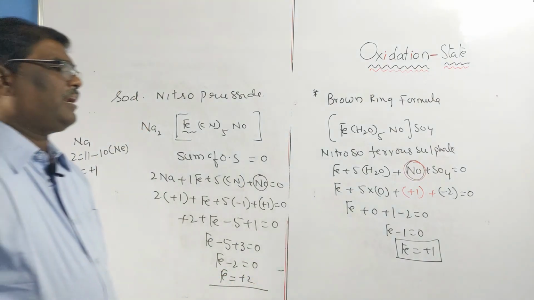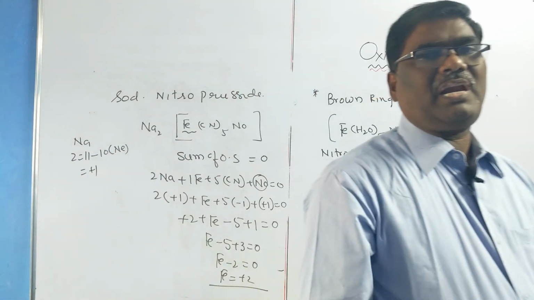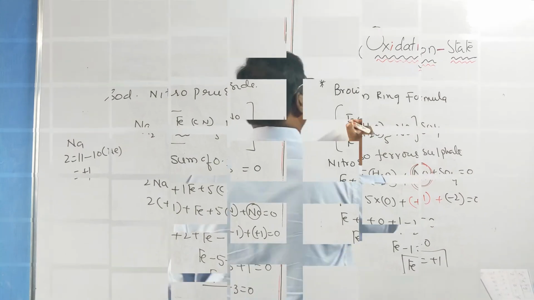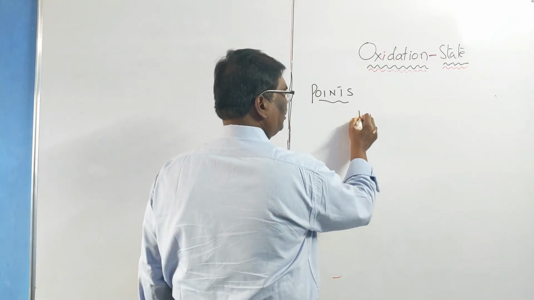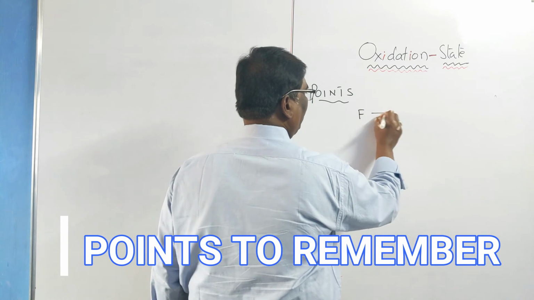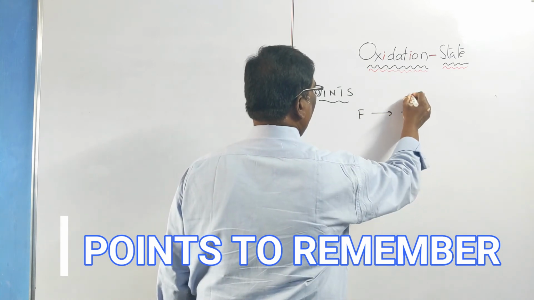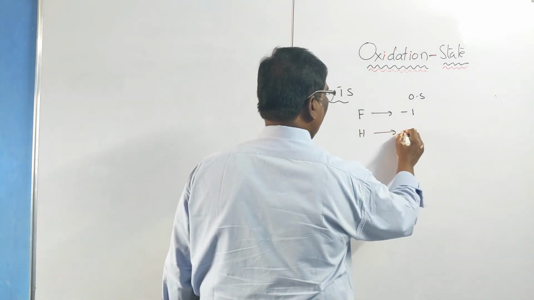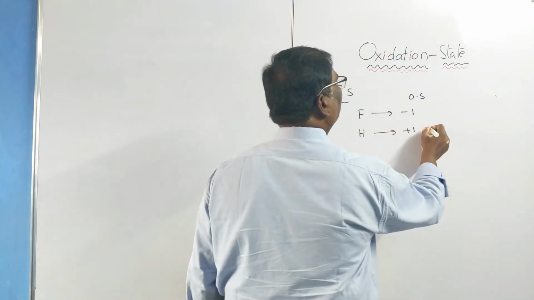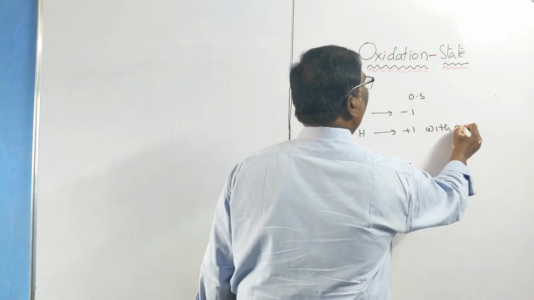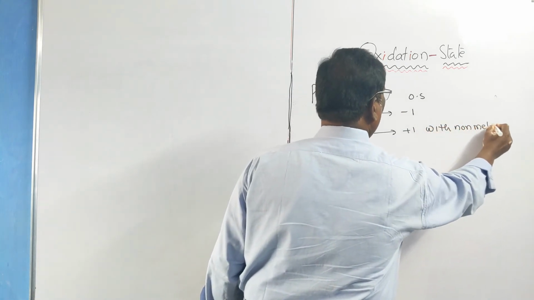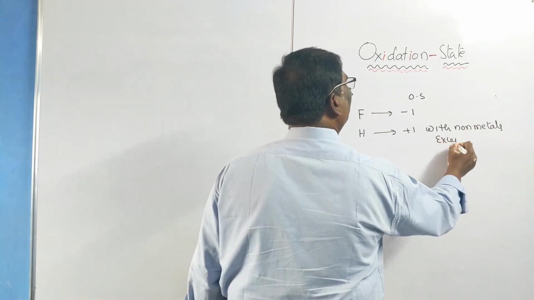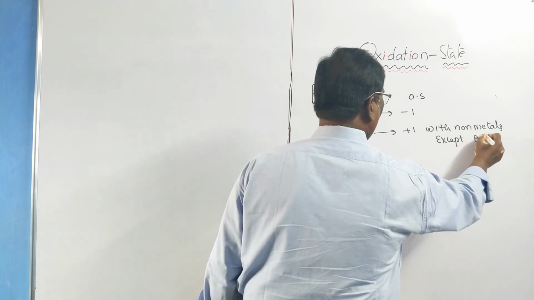Thus we calculate the oxidation state of the central atom of complex compounds or complex ions. This is all about it. One is fluorine is always given minus 1 oxidation state. Hydrogen is given plus 1 with non-metals, except boron and silicon.